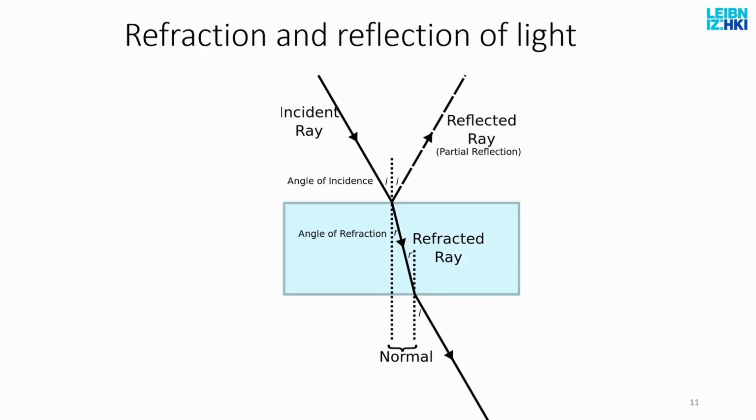So what happens when I illuminate a piece of glass with such a light beam? Well, it will bend when it enters the glass. But then what happens when it exits the glass? Well, it should bend, it's reversible, so it now will bend away. But the same law applies, that the sine function of this R and the sine function of this I will be again the refractive index, but the inverse of it.